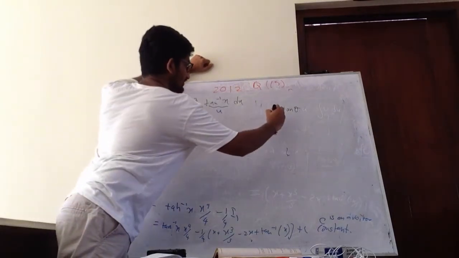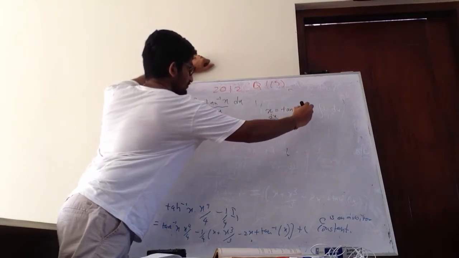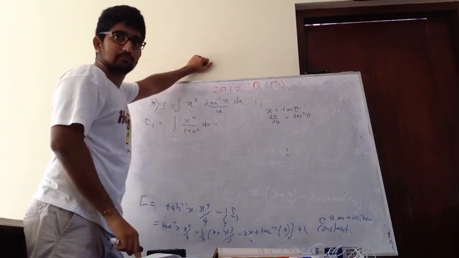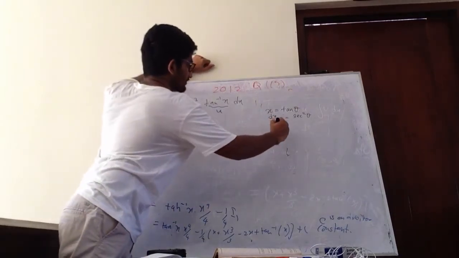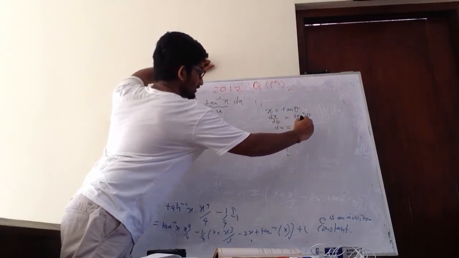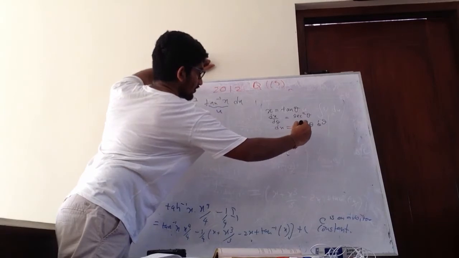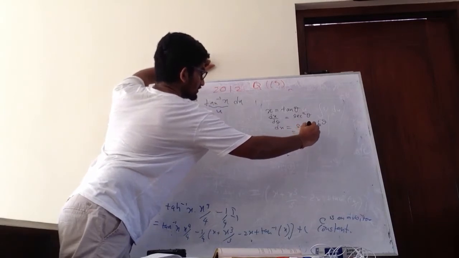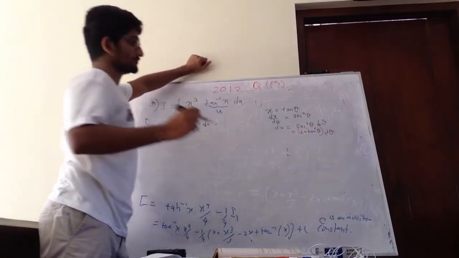If I differentiate, this will become dx over d theta, which is sec square theta. Correct, no? Then dx will become sec square theta d theta, or basically 1 plus tan square theta d theta.